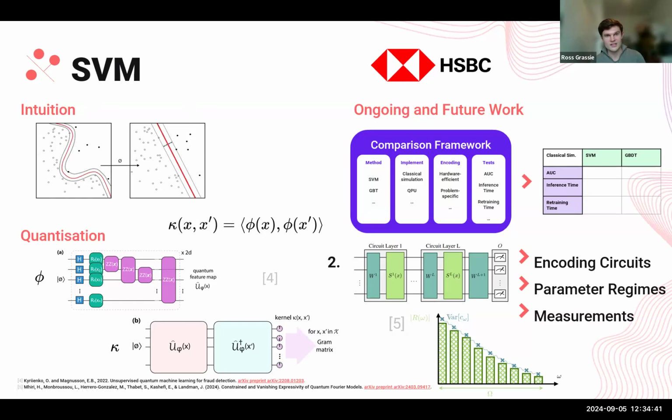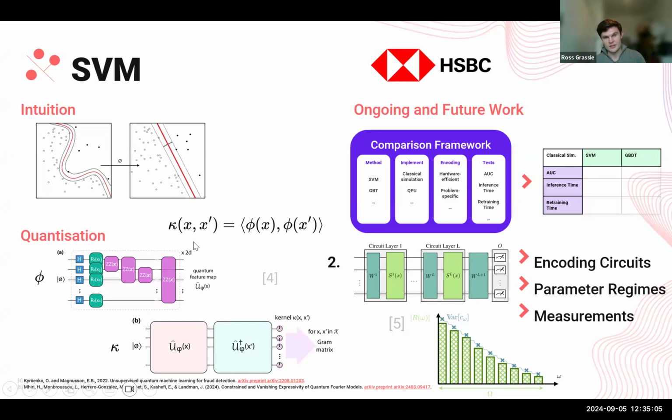And then our quantization of this classical machine learning comes through using a quantum feature map. So when we're mapping from here into this far nicer space, we think of using a quantum circuit in order to do that. So everything else in the process stays as it was before.